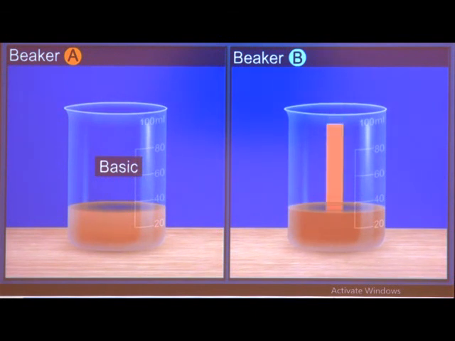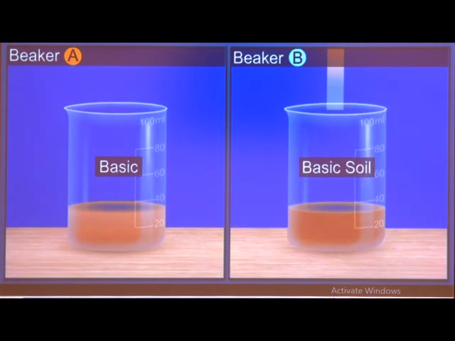Now look, the other soil sample has turned the red litmus blue. This means it is too basic. We need to add something acidic to neutralize it.